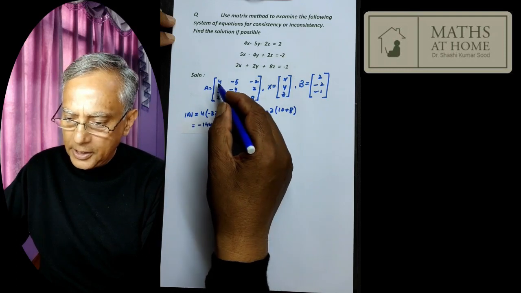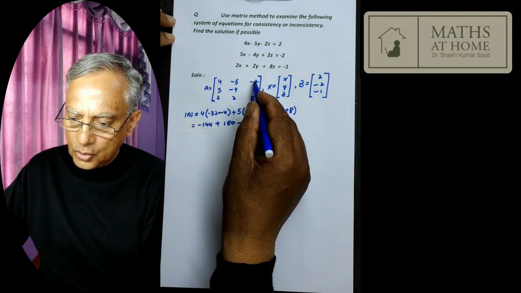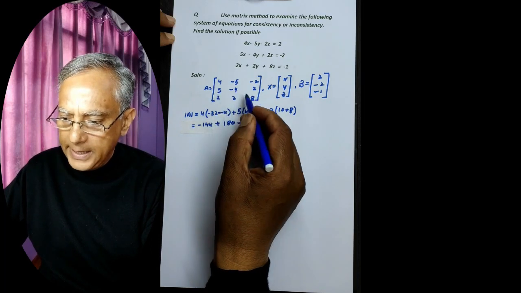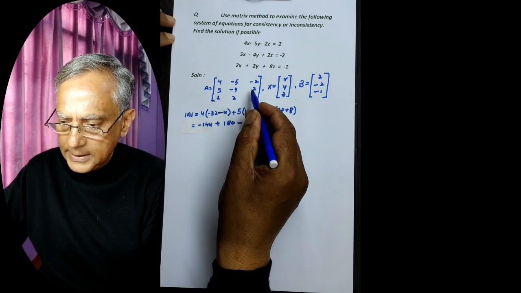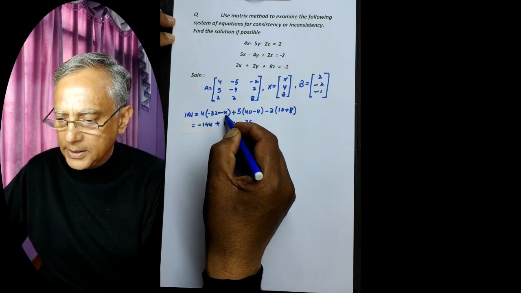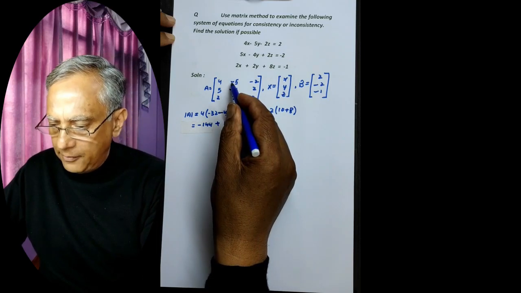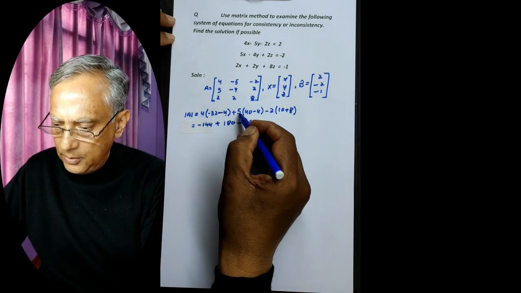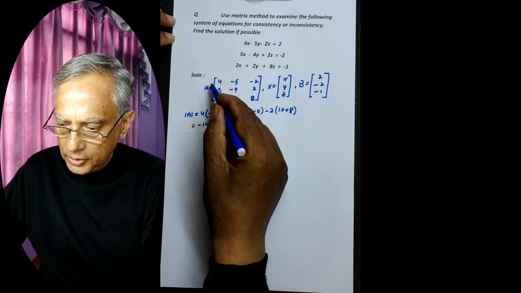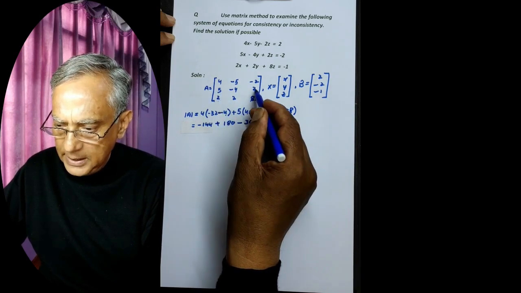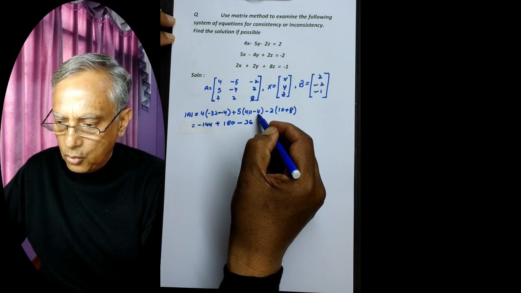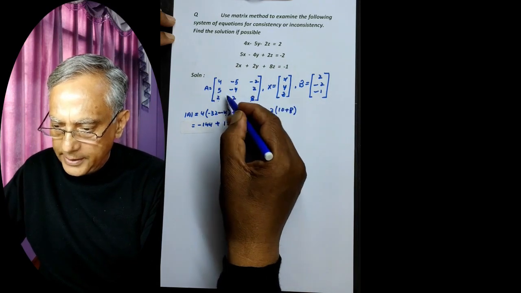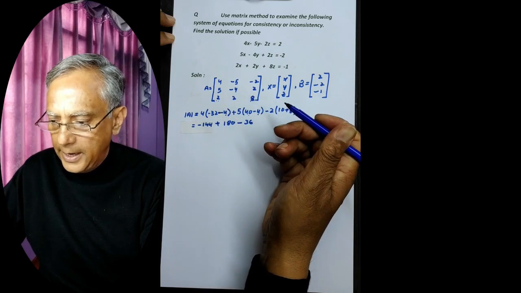Do we expand this determinant by R1? So this row is gone, this column is gone. We have minus 32 minus 4, and this entry will be, this is plus, this is minus, minus 5 into, this is gone, this is gone, 40 minus 4. And this will be minus 2, this is gone, this is gone, 10 plus 8.